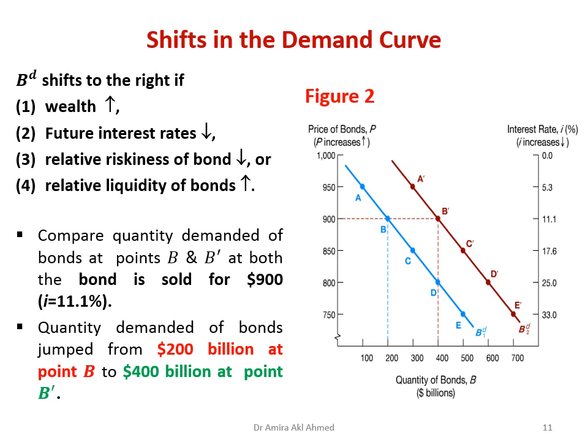After the shift in the demand curve to the right, and at the same price for the bond and the same interest rate, the quantity demanded at point B prime is now $400 billion. So the point moved from one curve to another curve.